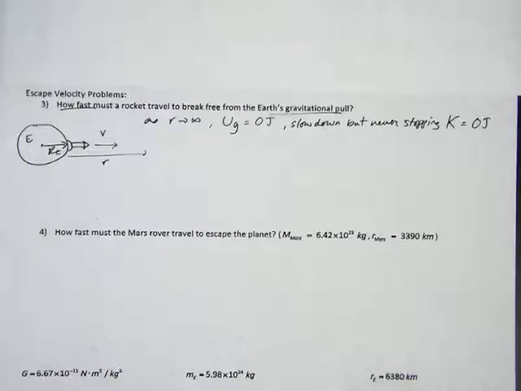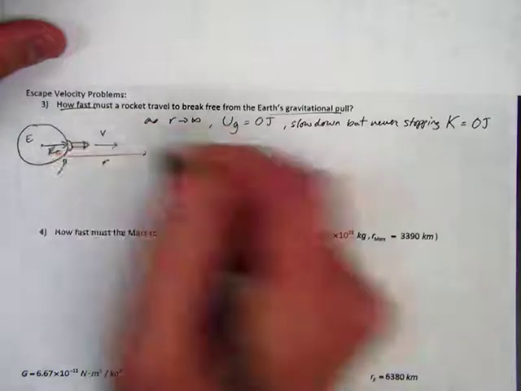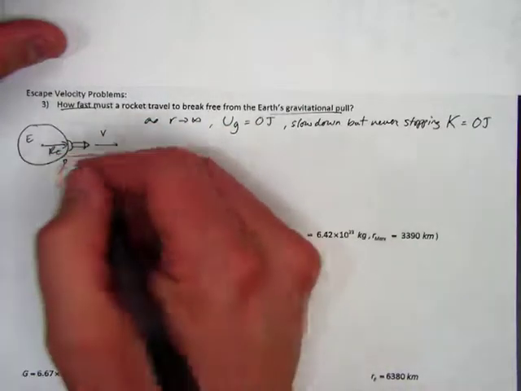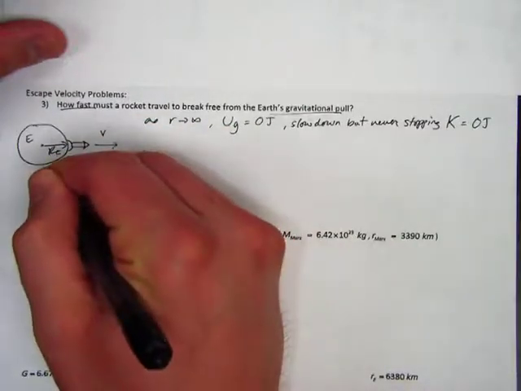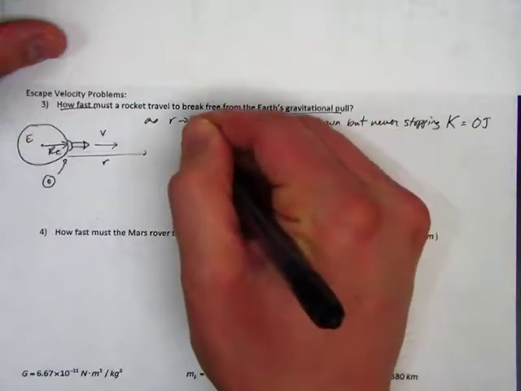So at infinity, at that reference point, the kinetic and gravitational potential energy will be zero. So what we need to do then is use the surface of the Earth, which we'll call position 0, and we'll call infinity position 1.